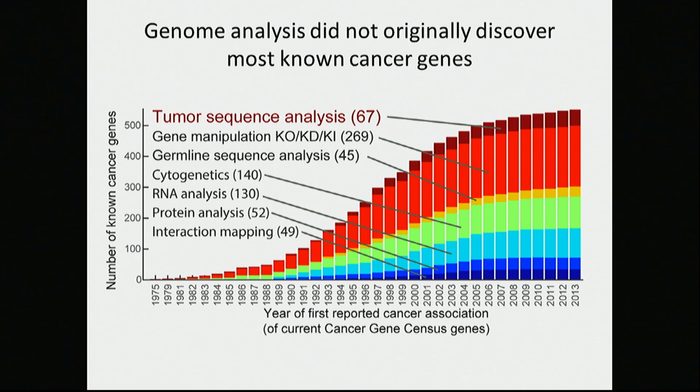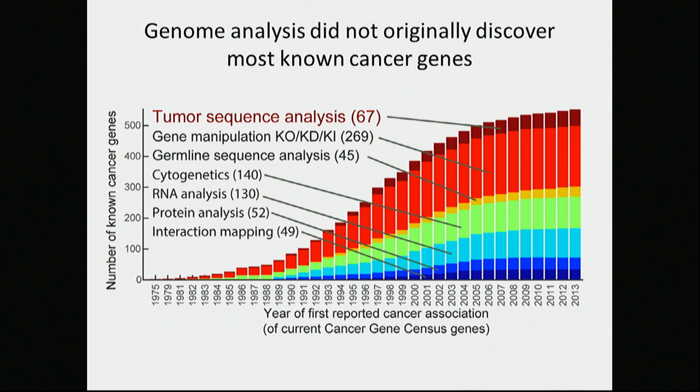But you can see here of those genes, the real winner in terms of the first discovery of that as a cancer gene is gene manipulation by knockout, knockdown, knock-in. So the original Bob Weinbergian experiments where they showed oncogenes by transfecting in a DNA fragment that would transform cells. That was certainly mapping to the gene knock-in or gene manipulation category.